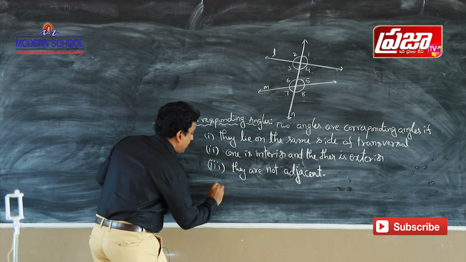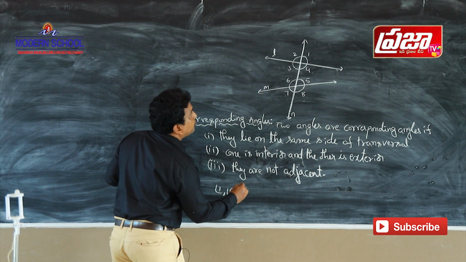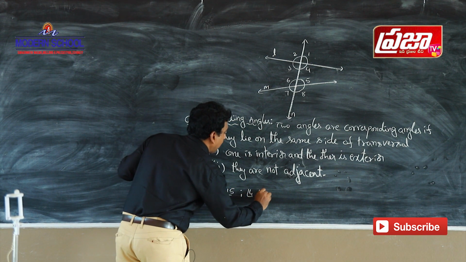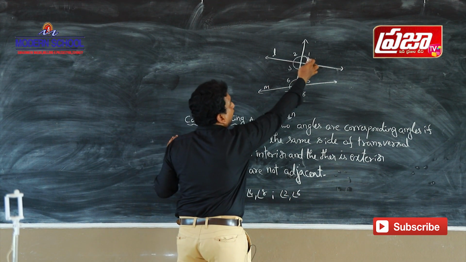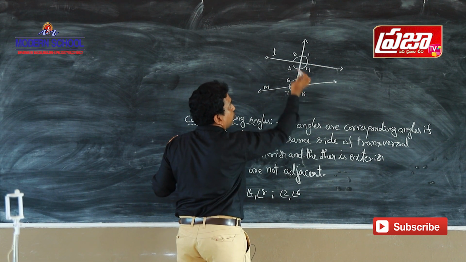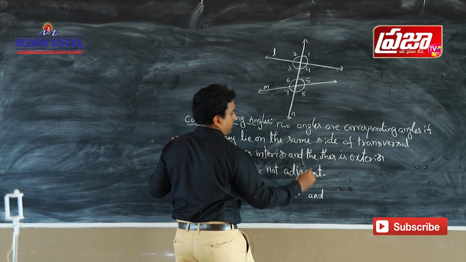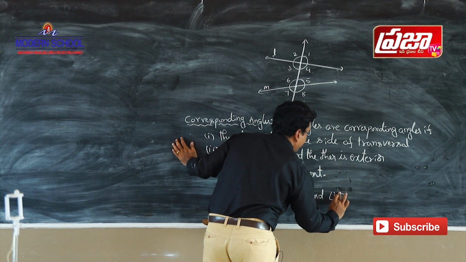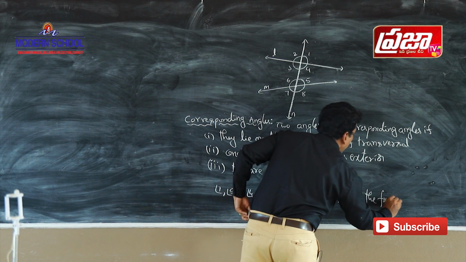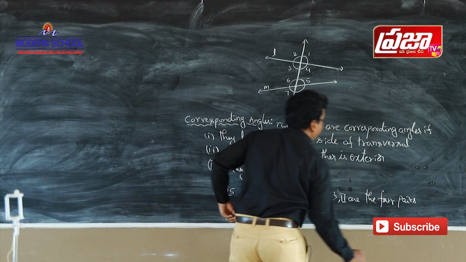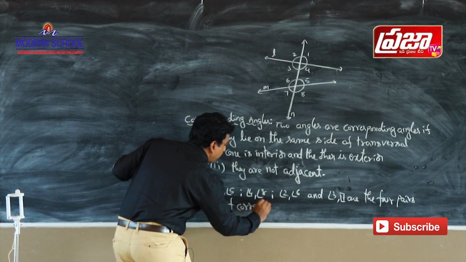So angle 1, angle 5; angle 4, angle 8; angle 2, angle 6; and angle 3, angle 7 are the four pairs of corresponding angles.